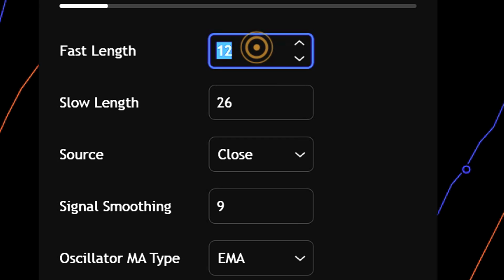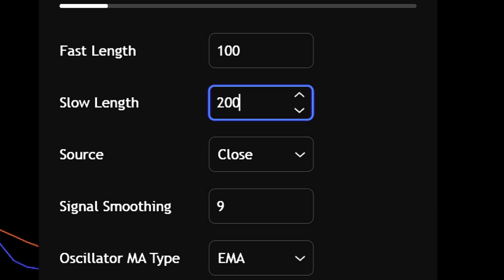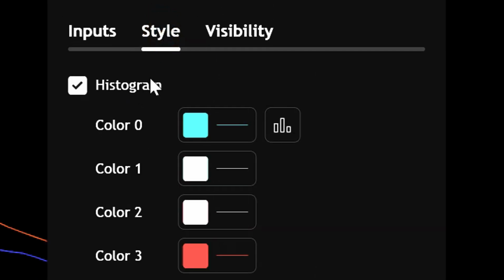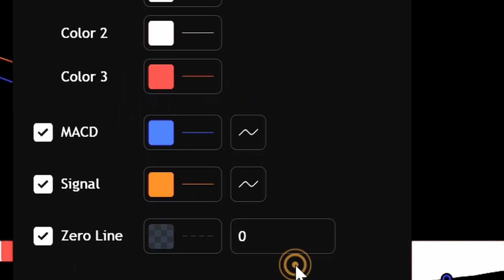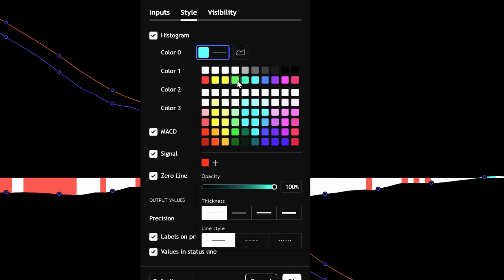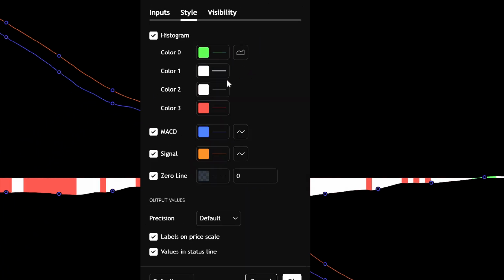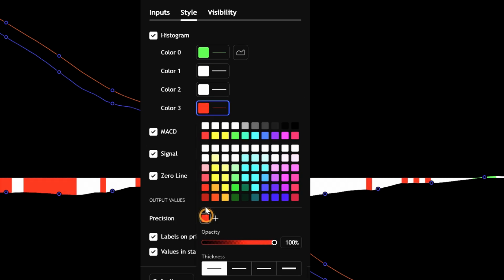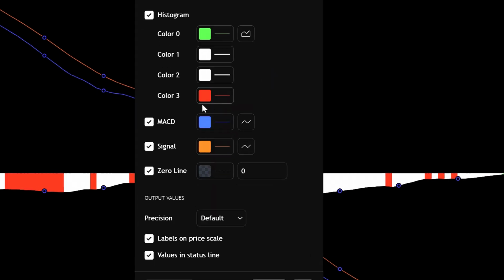Then I'll change the lengths to 100 and 200 just to keep it synced with our other tool. Now, over in the style, we only care about the histogram, these colored bars. So I'm just gonna uncheck the MACD line and signal line. Just turn them off, we don't need them.